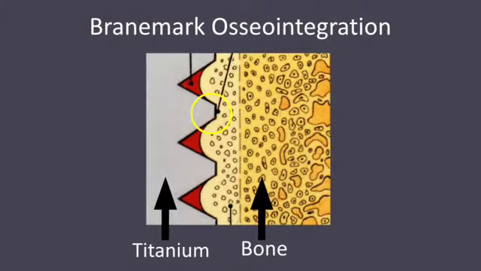This violates the basic concept that was set down by Branemark, who felt that it required a physical contact between the living bone and the titanium cylinder to achieve predictable osseointegration. In this case, there is absolutely no bone that is in contact with the cylinder, yet osseointegration occurs anyway.